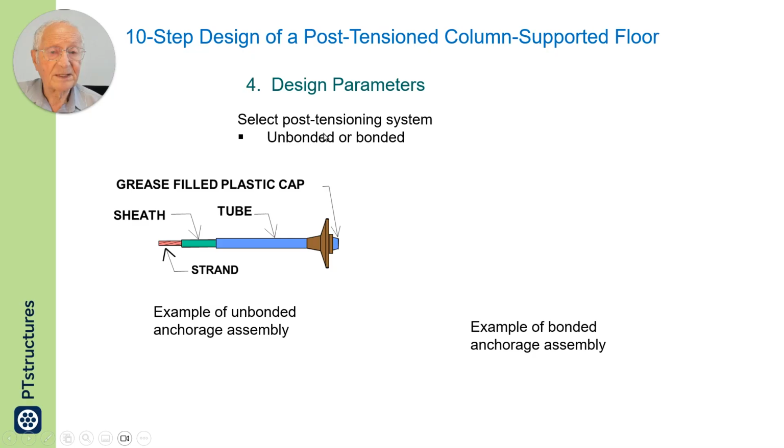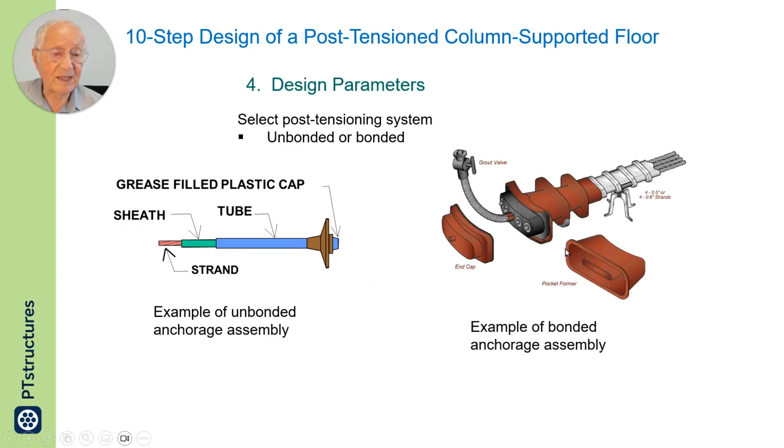We select the post-tensioning system. I have selected unbonded. It can be unbonded or bonded. And here is an example of the anchorage or stressing end of an unbonded system.